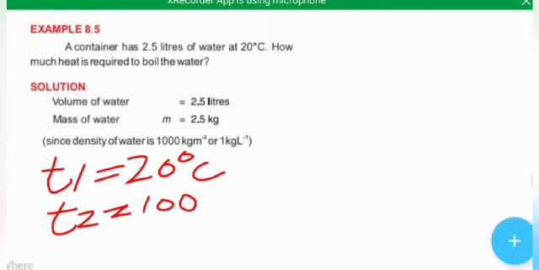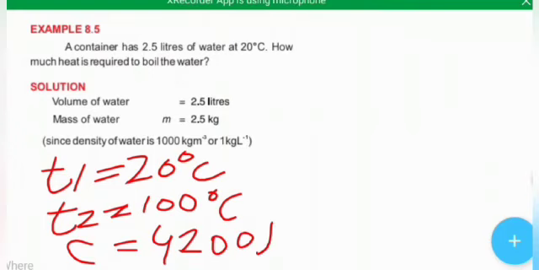We will calculate the difference of temperature between T1 and T2, that is known as delta T. We also know that the specific heat capacity of water, represented by c, is equal to 4200 joule per Kelvin per kilogram. And we are asked to calculate the amount of heat required to raise the temperature from 20 degrees centigrade to 100 degrees centigrade.